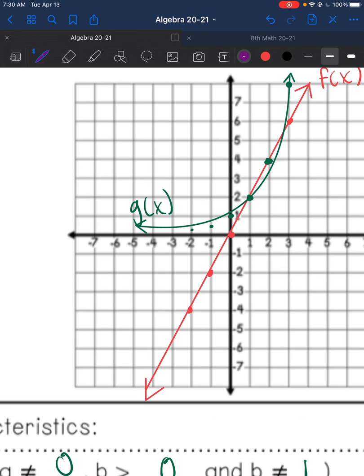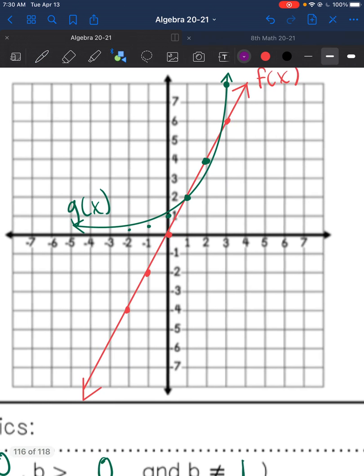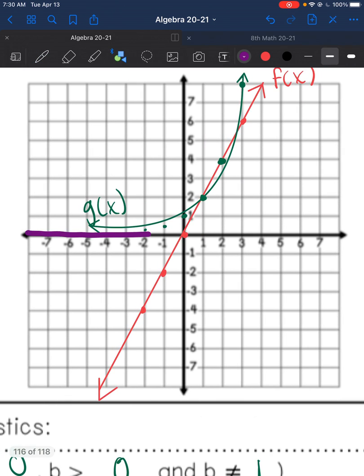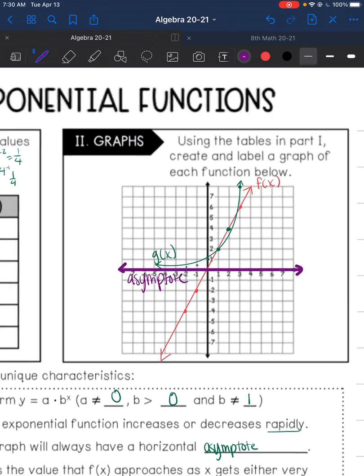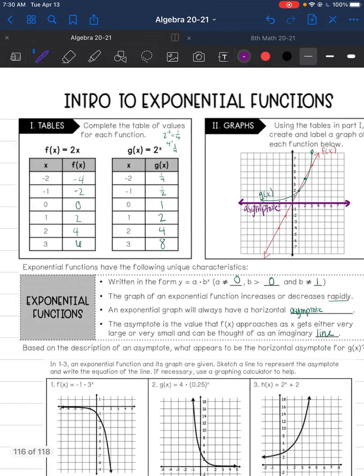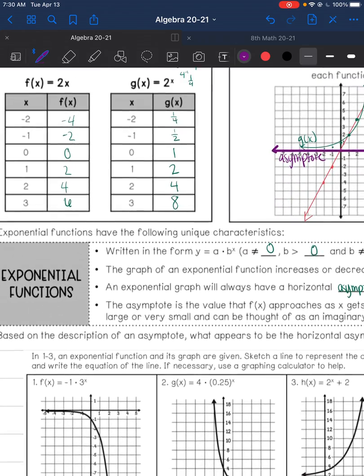So that is our asymptote. It will get extremely close, but it will not touch that asymptote. It's kind of like an imaginary barrier, an imaginary line that exists with the exponential functions.